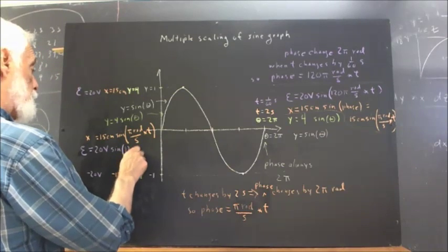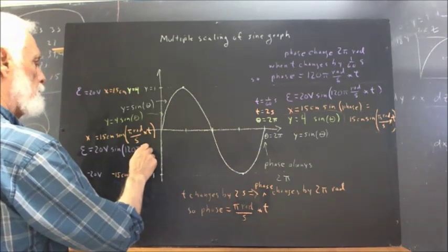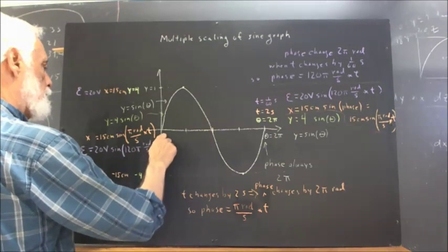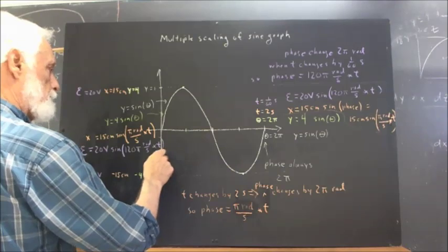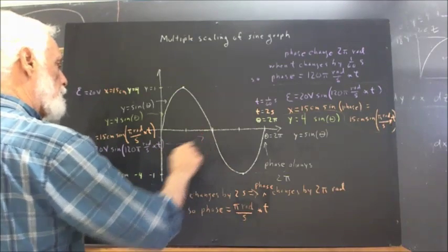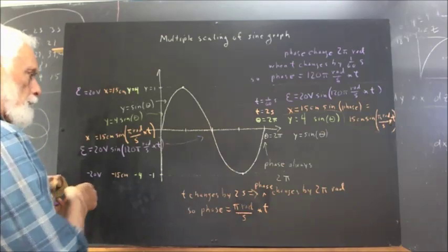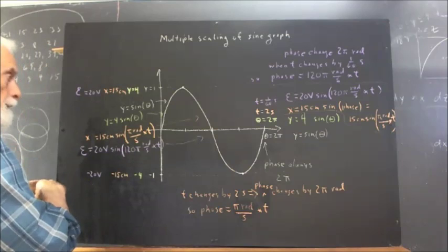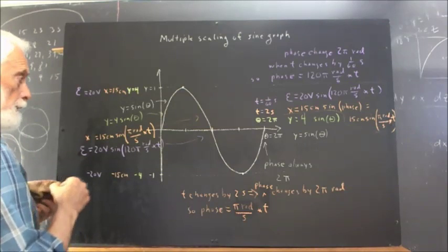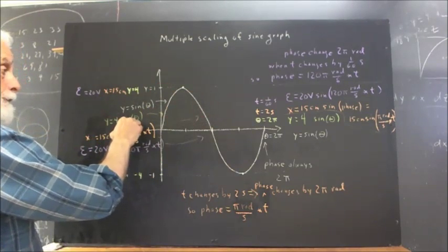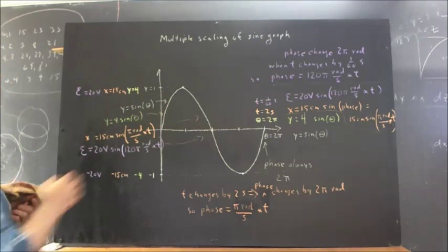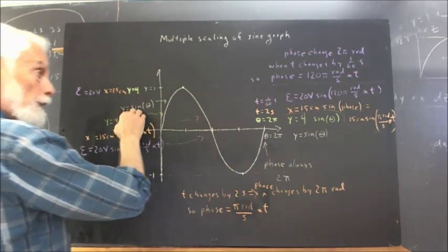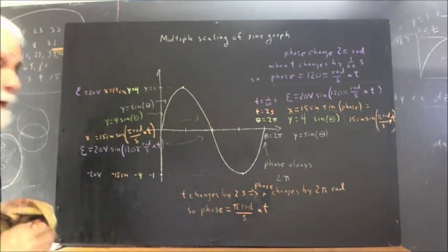Times the sine of 120 pi radians per second times t. So the same curve could stand for this graph, or the same curve could stand for this function, this function, this function, or this function, according to how we label the axes.